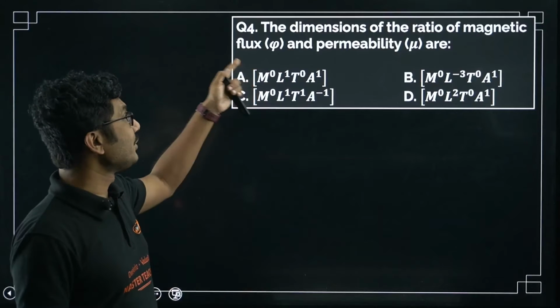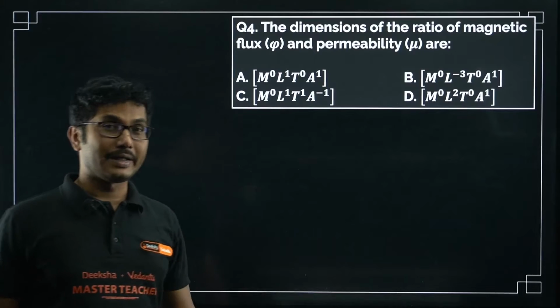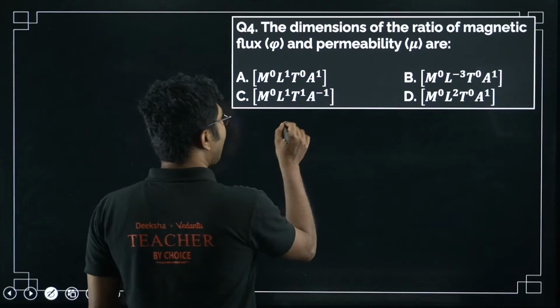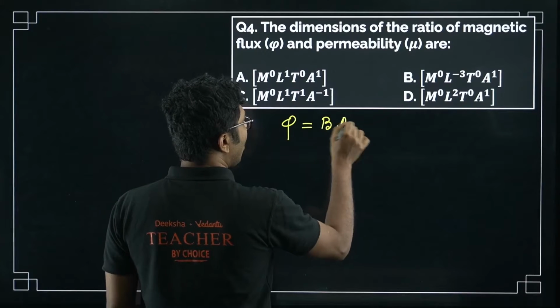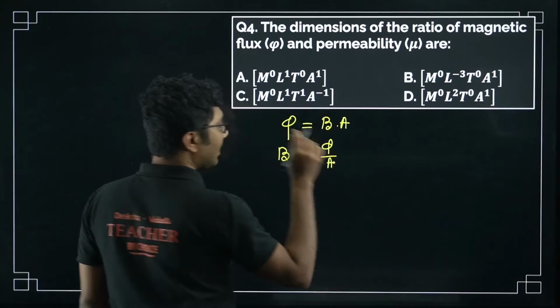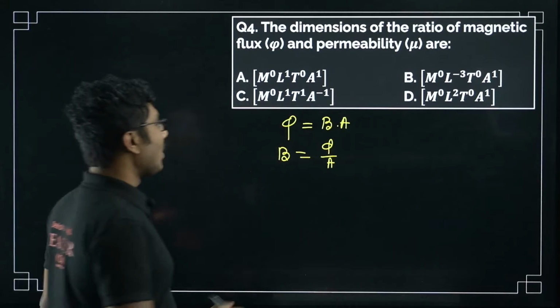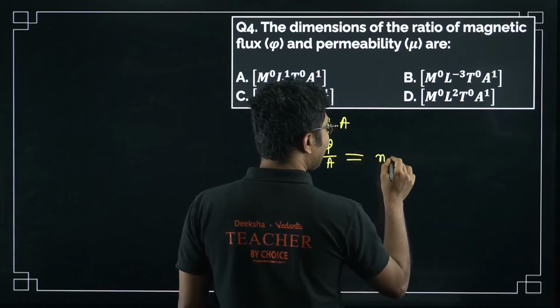As we know, magnetic flux and permeability both are related to magnetic field. So we know that flux is basically B into A, right? Or magnetic field B is equal to phi by A. This is the relation. Now what is the magnetic field inside a solenoid? We know that it is given by NIA.